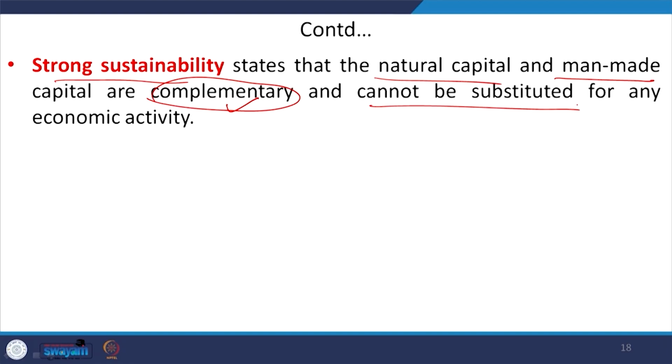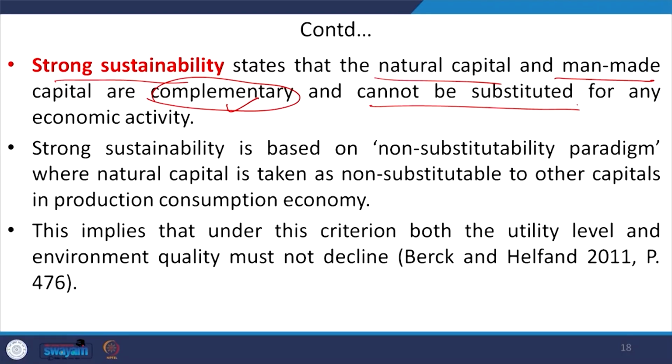We cannot say so, because these forms of capital are complementary as per this strong sustainability idea, and that is why they cannot be substituted. So, this implies that under the criteria of strong sustainability, the utility level and the environmental quality must not decline, because we are saying that they are complementary.